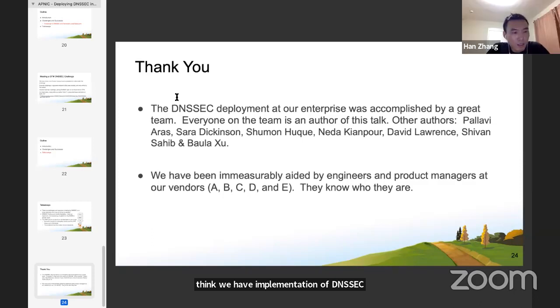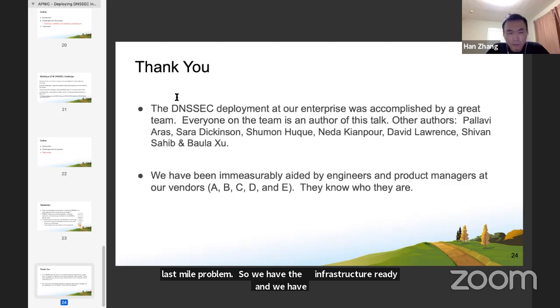Yeah, I think that is like the last mile problem. We have the infrastructure ready and we have all the algorithms ready. So how can we deploy DNSSEC at the last mile?